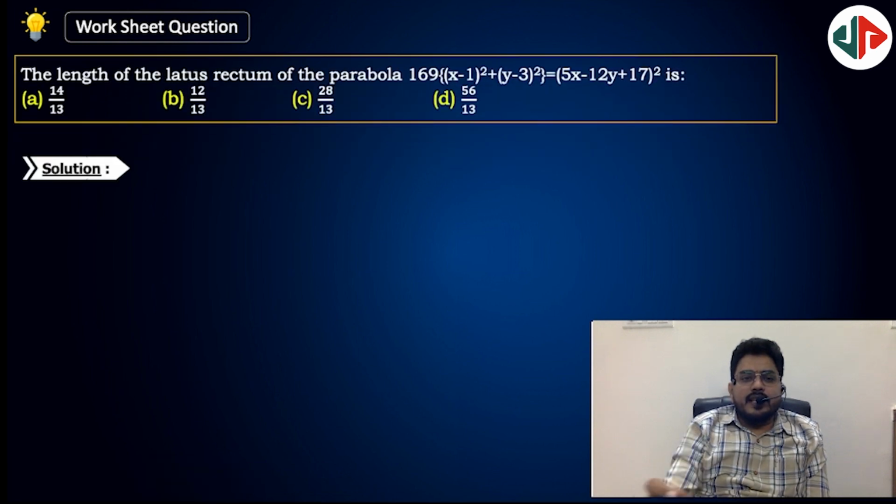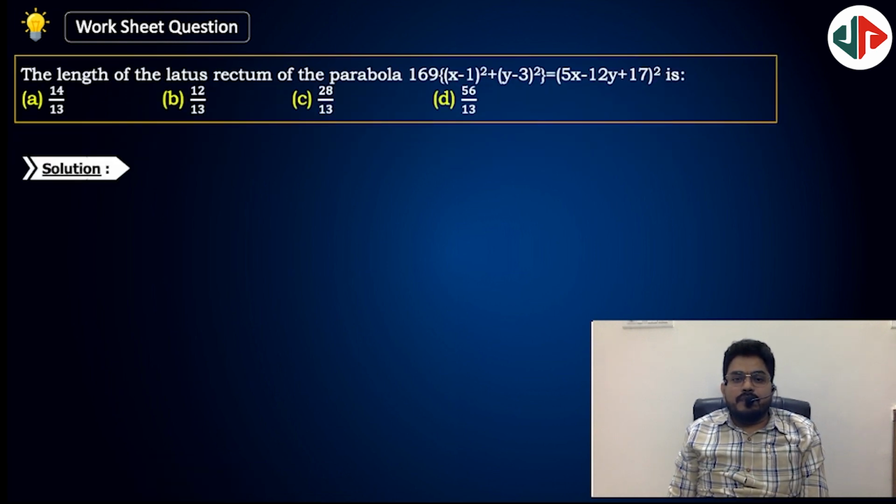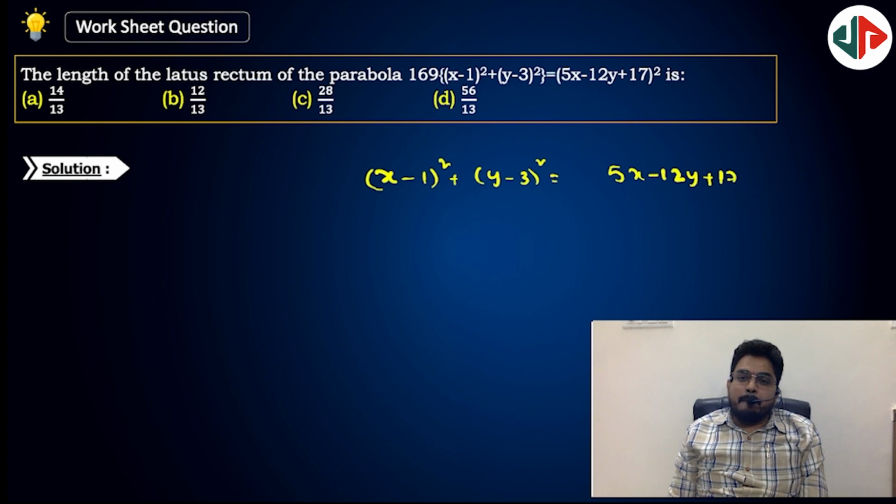Next: the length of the latus rectum of the parabola. Look here: (x - 1)^2 + (y - 3)^2 = ((5x - 12y + 17) / 13)^2.